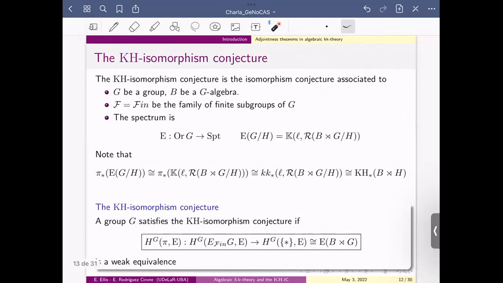Then the KH-isomorphism conjecture is a particular case, a particular conjecture in this set. Here F is the family of finite subgroups, and the spectrum considered to define the homology is this one.